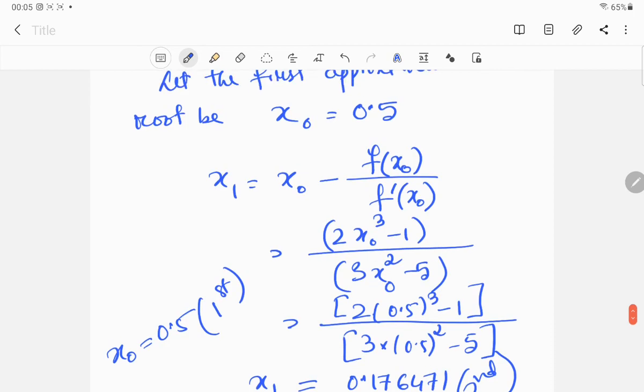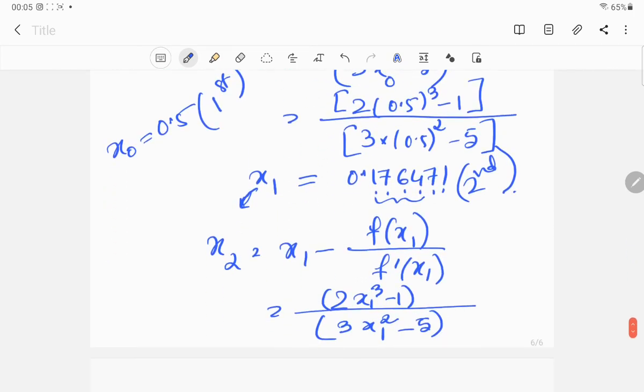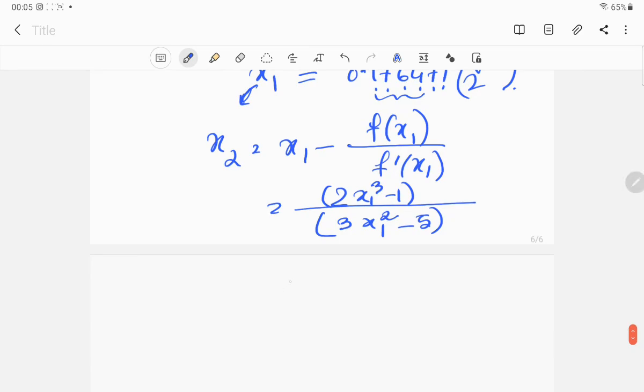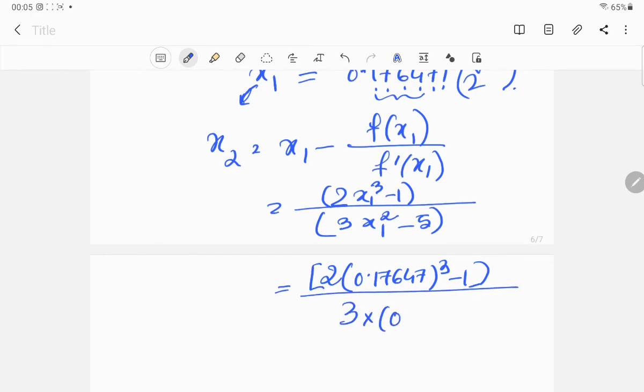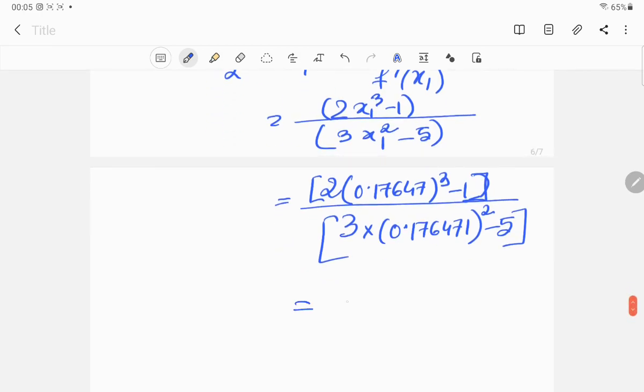In the first step, whatever was done by x0, in the second step it is done by x1. So it will go on like that. Putting the values, it will be 2 into 0.176471 cube minus 1, divided by 3 into 0.176471 square minus 5. This again gives rise to 0.201568. So this is x2.